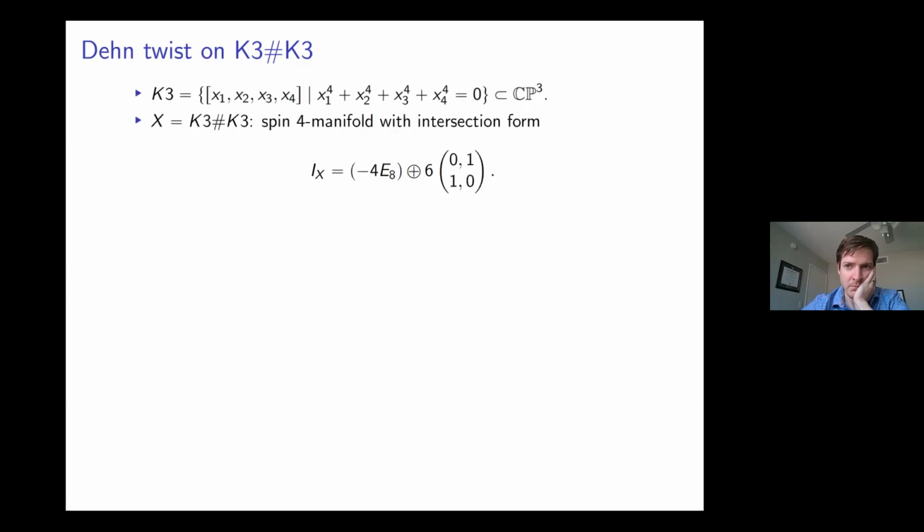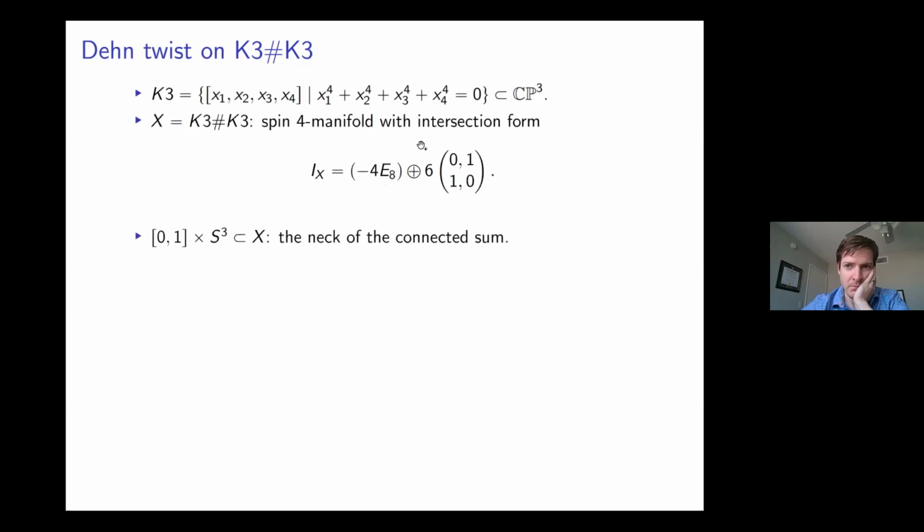And we let X be the connected sum of two copies of K3. Then this is a spin 4-manifold with the following intersection form. In particular, we know the signature is negative 32 and the second Betti number equals 44.